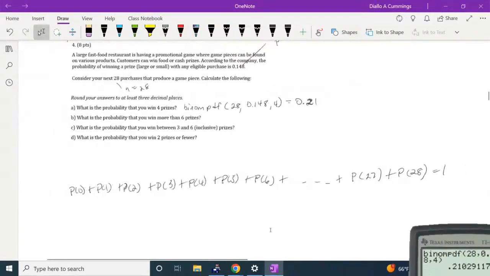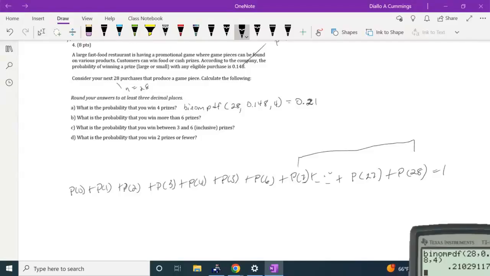It may or may not help to draw this out, but I usually draw it out just to make sure I'm going the right way and using the right function. If you win more than 6 prizes, that means you can win 7 up to 28. I wouldn't include 6 because it says more than 6.